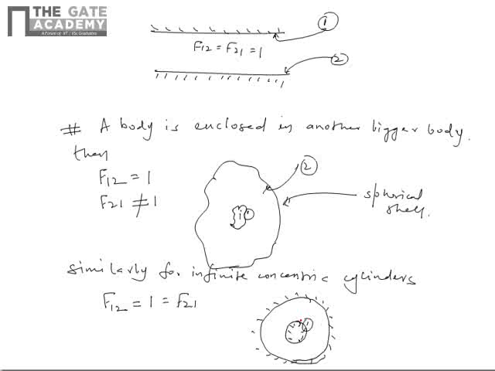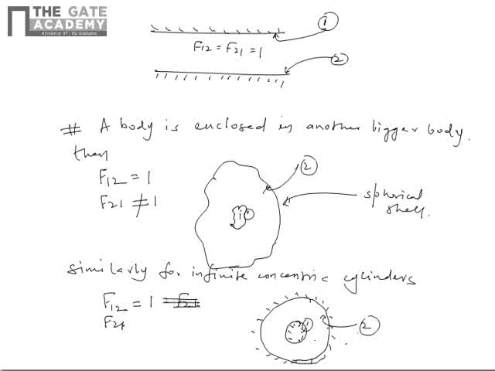This is denoted by 1, this is denoted by 2. Then the radiation emitted by 1 will be completely absorbed by surface 2. So F12 is equal to 1, but the radiation emitted by 2 is not only absorbed by 1 but by 2 itself.